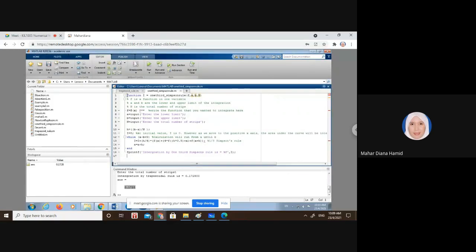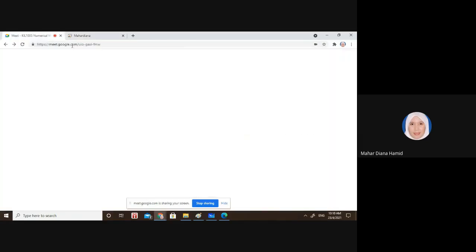As usual, the first line signifies that this is a function M file with I as the value that we are going to calculate, and we are going to name this file one-third Simpson rule. And I depends on the value of f. F here is a function, A is the lower limit, B is the upper limit, and N is the total number of strips or segments.